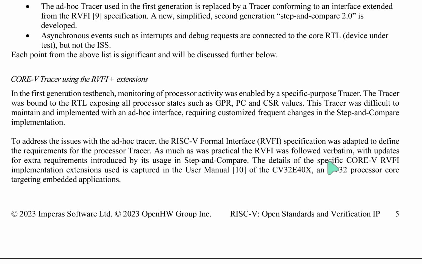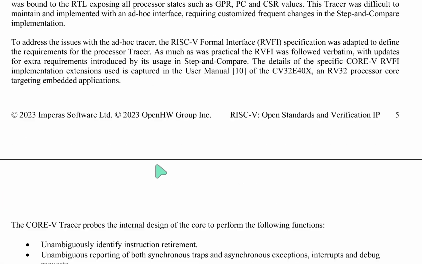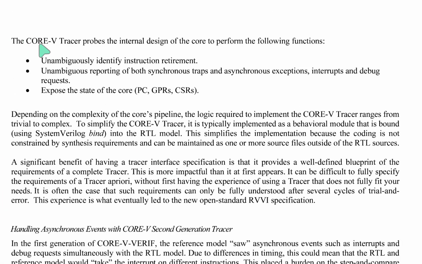The details of the specific CORE-V RVVI implementation extension are captured in the user manual of the CV32E40X, an RV32 processor core targeting embedded applications. The CORE-V tracer probes the internal design of the core to perform the following functions: unambiguously identify instruction retirement, unambiguously report both synchronous traps and asynchronous exceptions, interrupts, and debug requests, and expose the state of the core: PC, GPR, and CSRs.